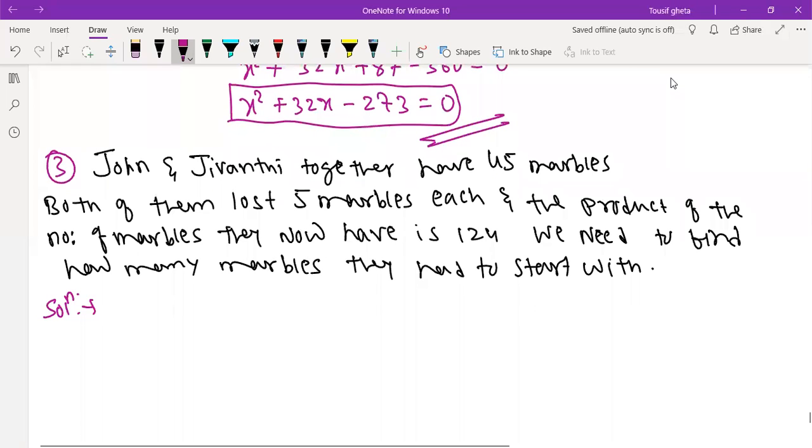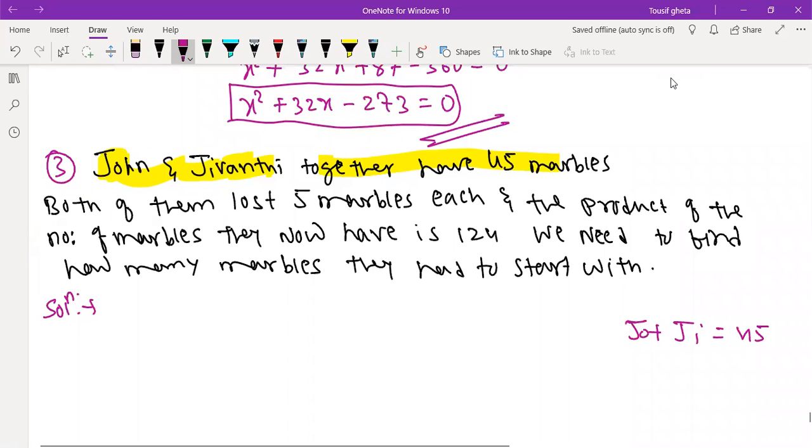See here. John and Jeevanti together have 45 marbles. So see here, everybody. For example, John and Jeevanti together have 45 marbles. Understood? Now I'm not going to check the messages. Kindly wait and please carefully understand.